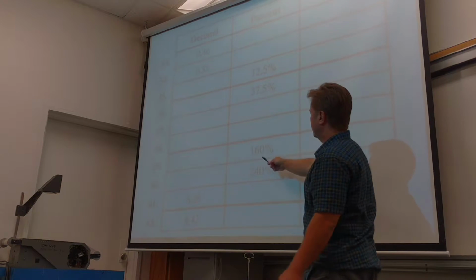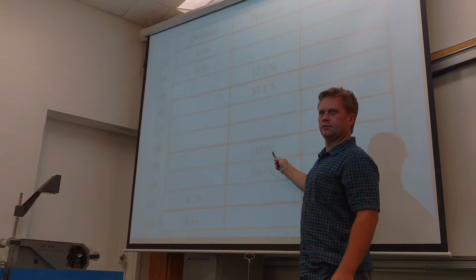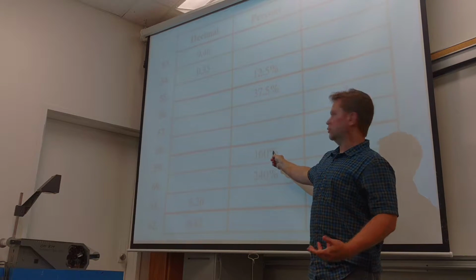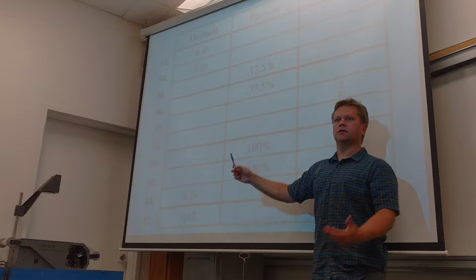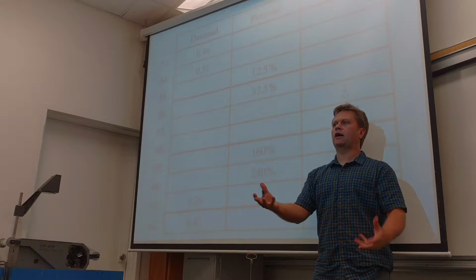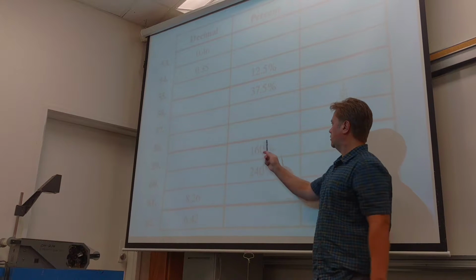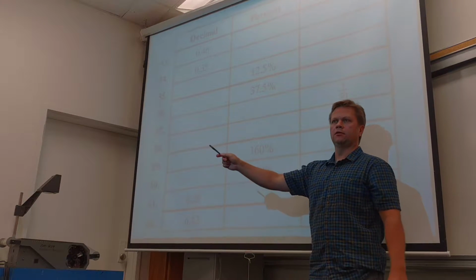So percent means per 100. So you can think of it like if I see 160%, that means divided by 100. So of course the decimal would then be 1.6, because that's what 160 divided by 100 is. But even better than that, when you divide or multiply by multiples of 10, you just move the decimal around.